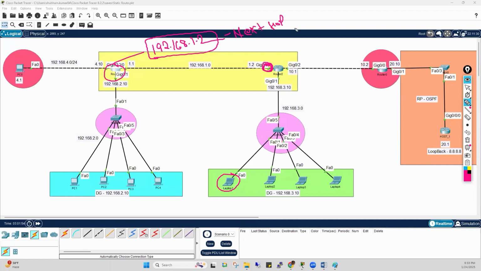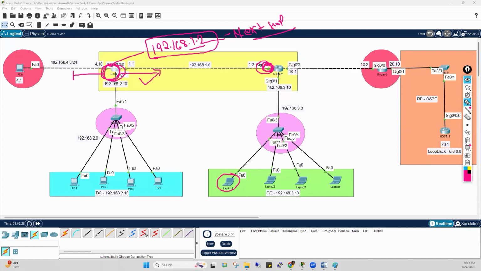But after that, this router must know, if I am forwarding the packet towards the next hop, what will be my exit interface? For example, if this router needs to forward your packet towards the next hop, 192.168.1.2, should it forward through this interface or through this interface? The answer is this interface. Getting my point? Yes or no?